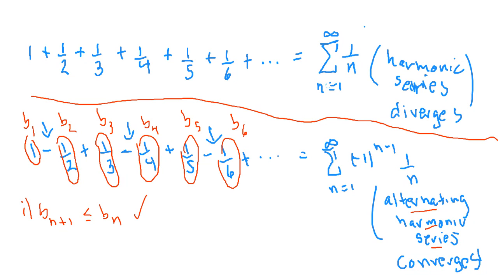In other words, the b terms are decreasing with n, and also the limit as n approaches infinity of the nth term is equal to 0. The terms are dying down to 0. So that's enough to say by the alternating series test that the alternating harmonic series converges.